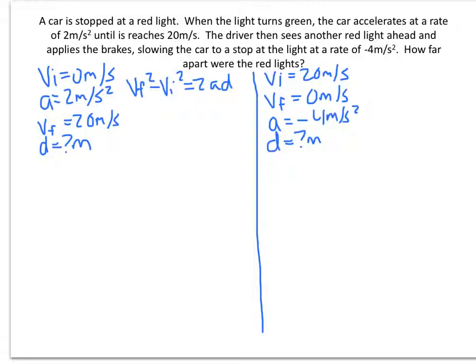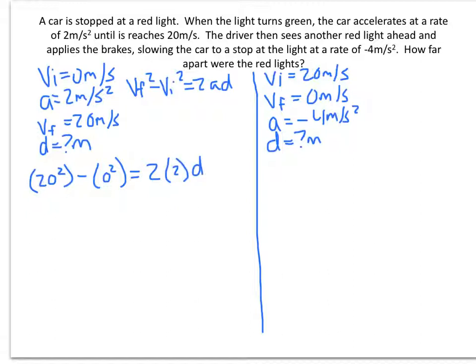I'm going to start with the first half and see how far I go. So I'm going to do my work down here to make space. 20 squared minus 0 squared, and yes, it is important to show that, equals 2 times 2 times my displacement.